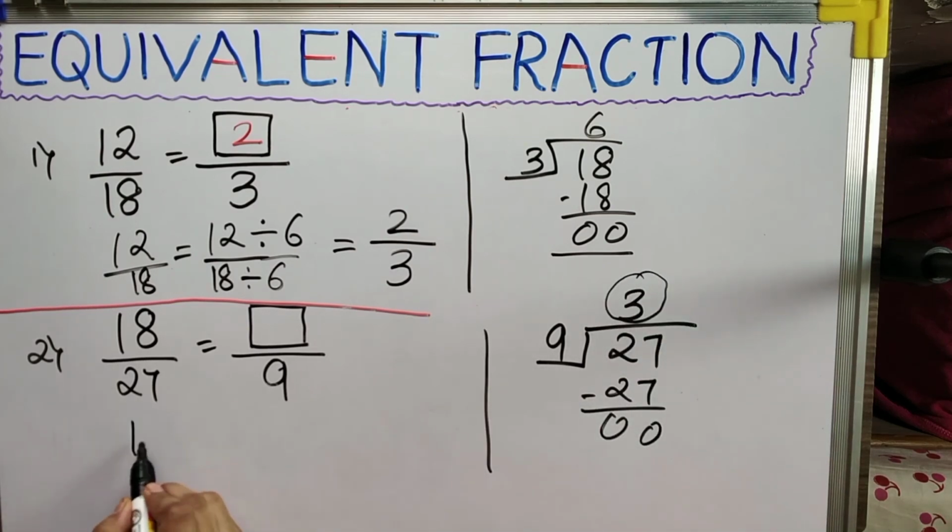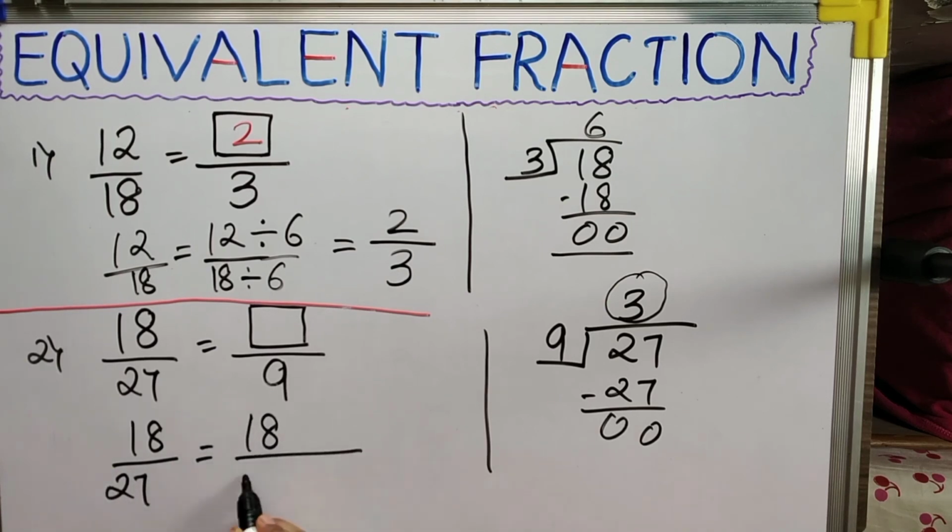So let us do the first step. 27 would be equal to 27. We will divide it by 3 to make it 9. And whatever we do in the denominator, we will do the same with the numerator as well. Now, when we divide 18 by 3, we get the answer as 6, since 3 6s are 18.